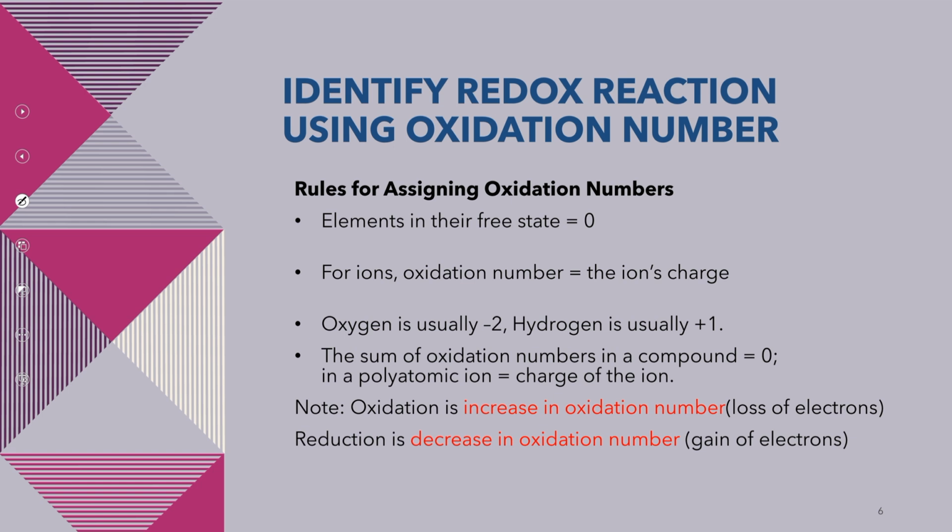But for polyatomic ions, the sum of the oxidation numbers equals the charge on the ion. So how do I know? Simply note that if a substance has its oxidation number increased, that means that substance is undergoing oxidation. And if a substance has its oxidation number decreased, that substance is undergoing reduction.